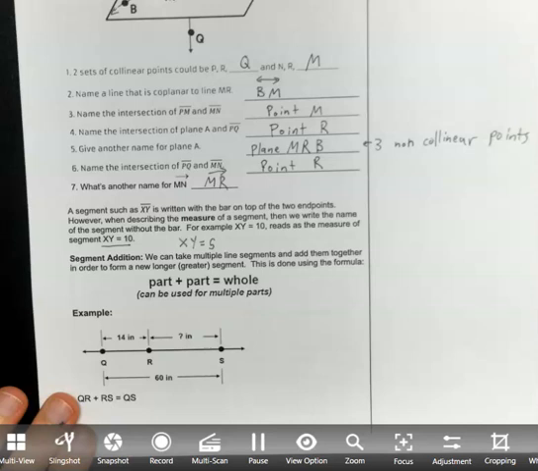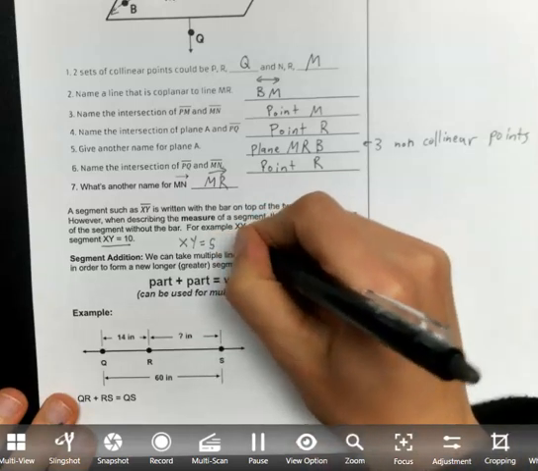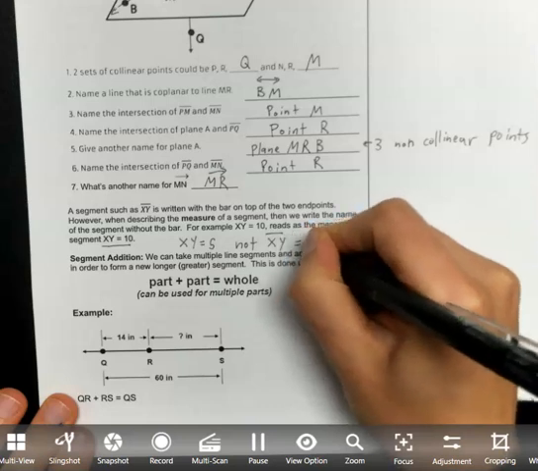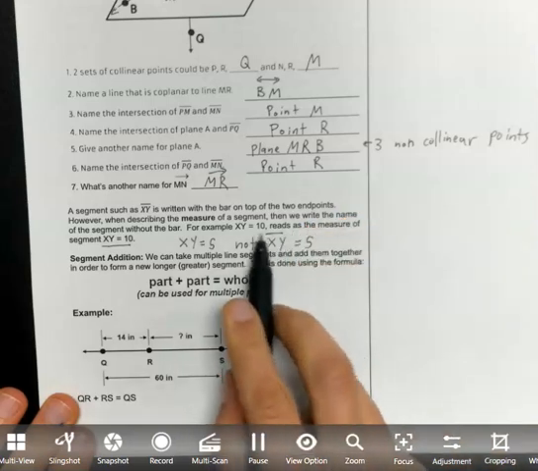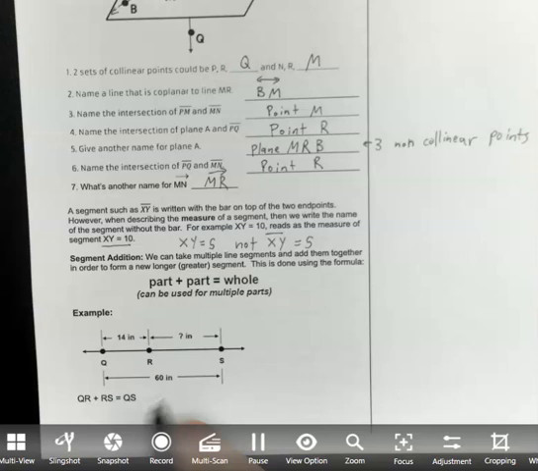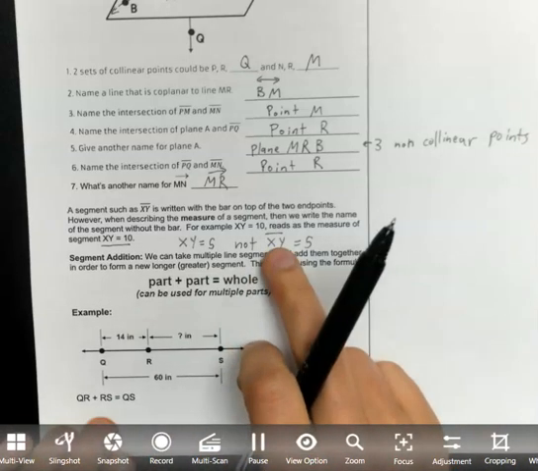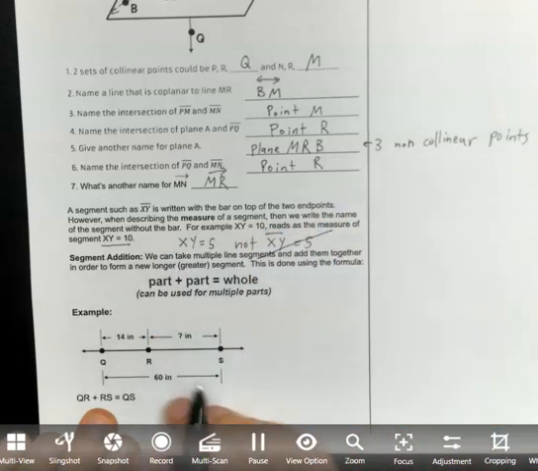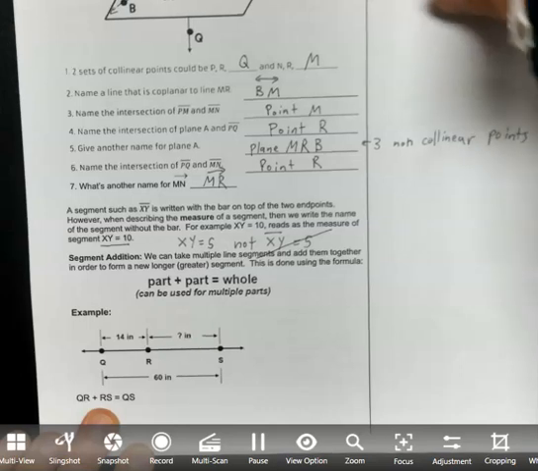I will not say segment XY with a bar equal to 5. Segment XY with a bar, we're talking about the whole shape itself. We're not talking about measure. All right, for measure, no bar. Okay? So we're not doing it that way.